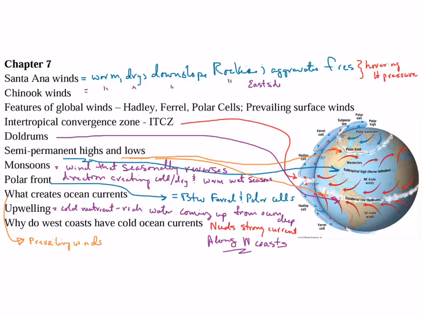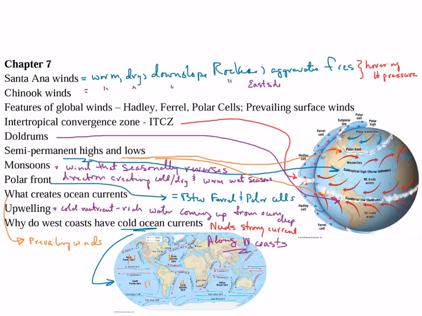And then the last one, I think this was a homework question. Why do our west coasts generally have cold ocean water? And so I went ahead, and down here I have a little figure from your textbook. You can't see it very well, but can you see those orange H's? So I put kind of orange H's there.